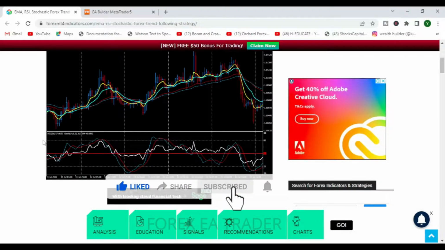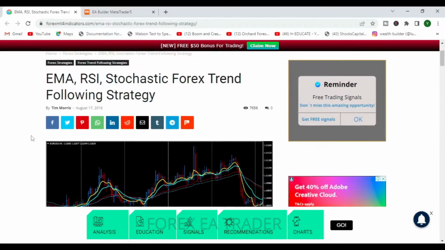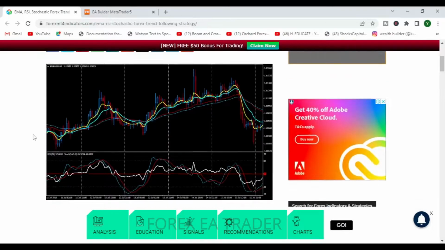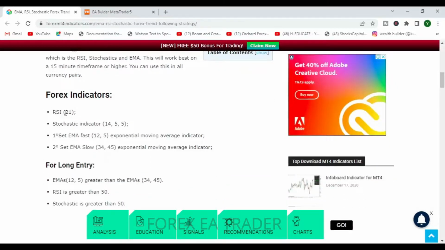You don't need anybody. Okay, so let's look into this strategy quick, so that we don't spend the whole day here. We're going to need an RSI 21, a stochastic 14, 5, 5.